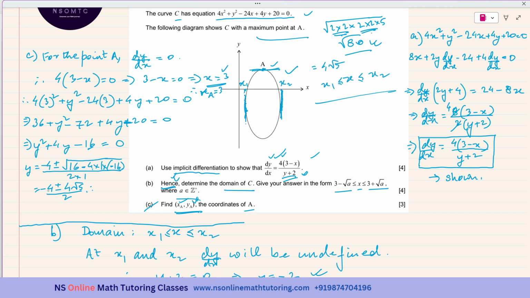So I cannot take minus 4 root 5 for the y value of A. Therefore, ya is equal to minus 2 plus 2 root 5, since A is above the x-axis.